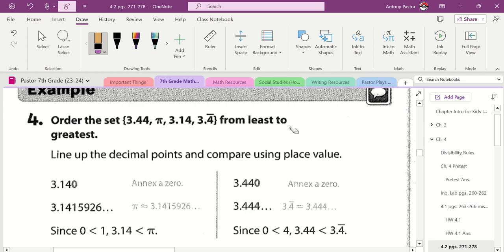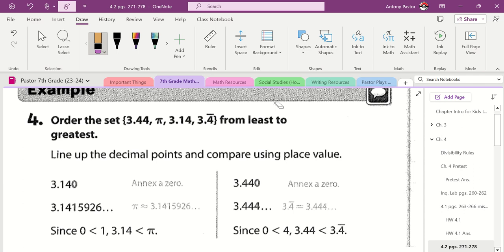Now, when you're looking at least to greatest, we're going to look at whether any are negative, because negative numbers are going to be smaller. They're all positive: 3.44, pi, 3.14, and 3.4 forever. Now, we're going to line up the decimal points and compare using place values.